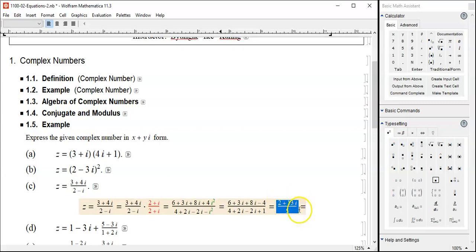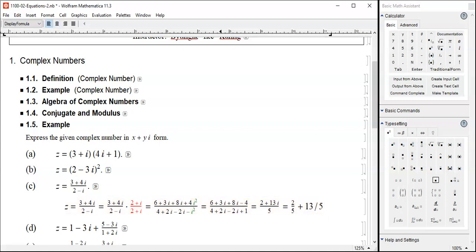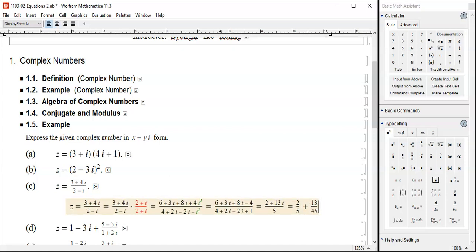And you're going to earn full credit if you stop here. But in case you have to answer in MyMathLab, let's express it in x plus yi form. So 2 over 5 plus 13 over 5 i. Sorry about the typo. And that'll make this problem perfect.